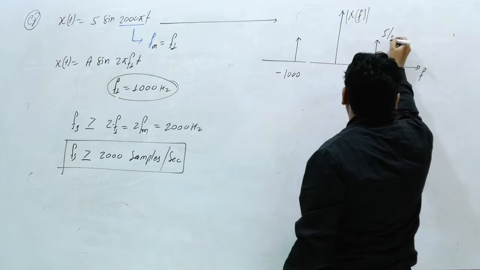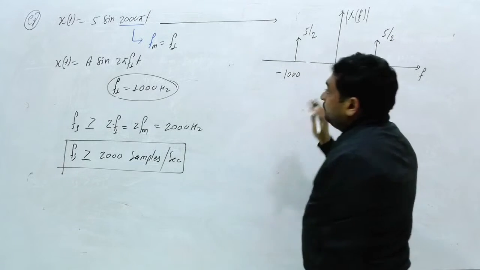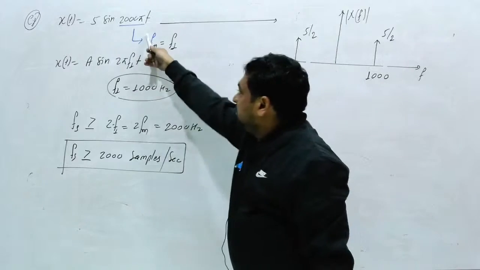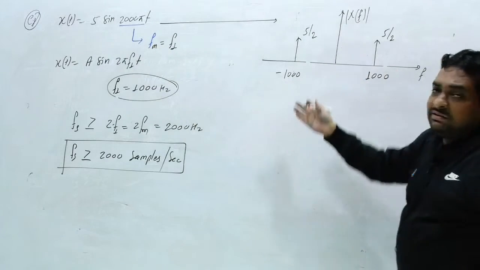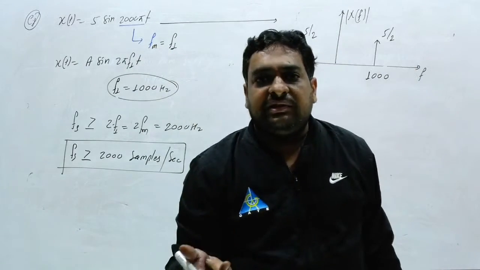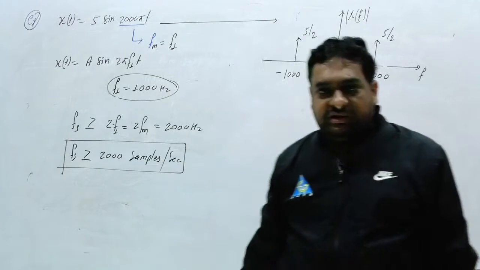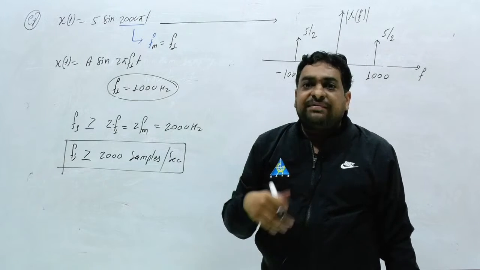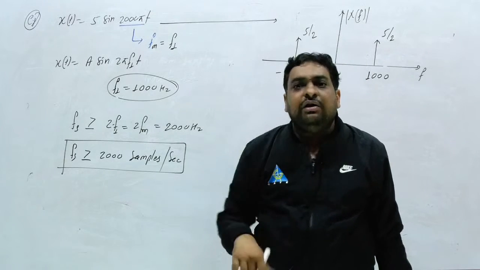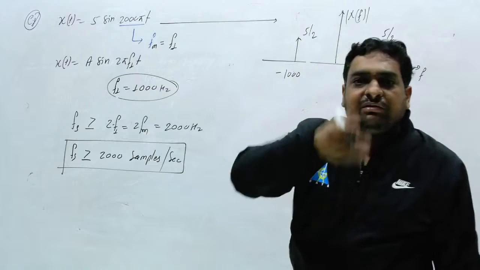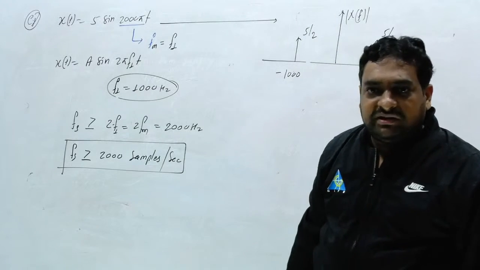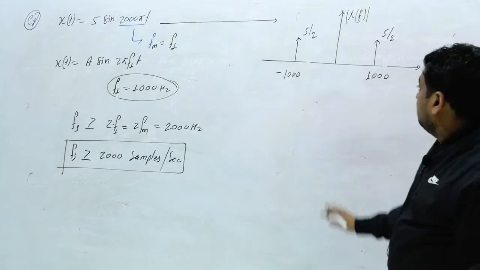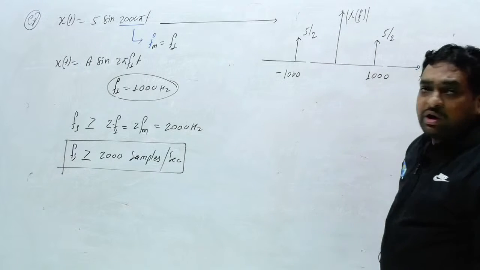So this is the Fourier transform of this signal. Why are you getting impulses? Because only single frequency components are present. If 3 frequency components of sine and cos were present, then 3 impulses would be present. Right now we consider a single sine. So this is your X(f).